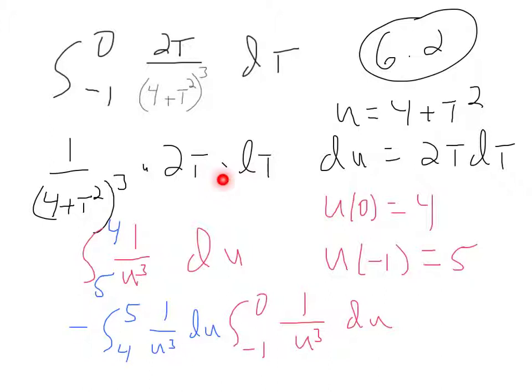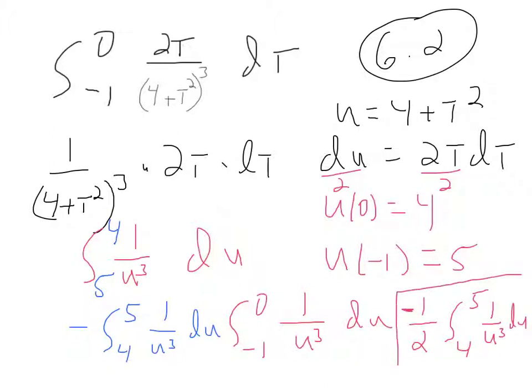So something we could do to play with people's brains is divide both sides by 2, and then write in the right bounds, 4 to 5, and even stick a negative in front of 1 over u cubed du.